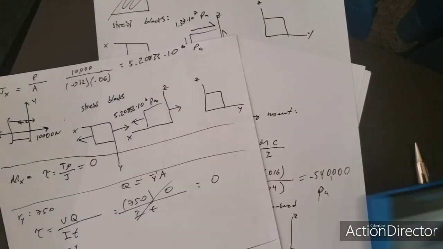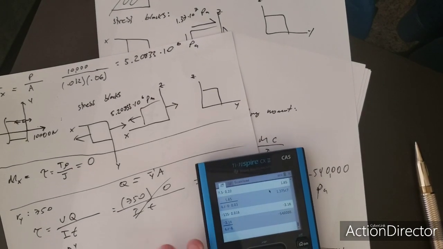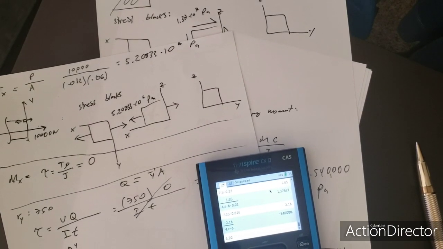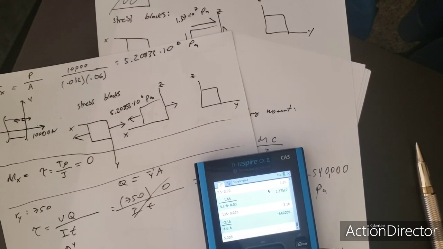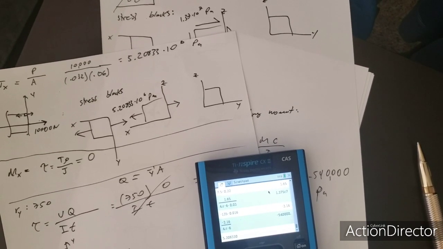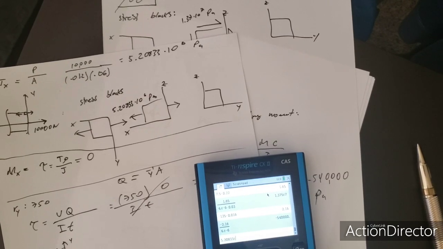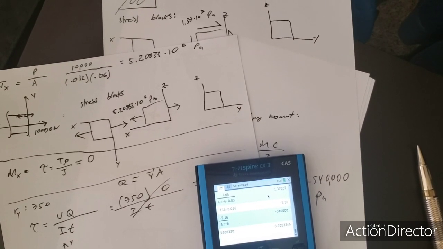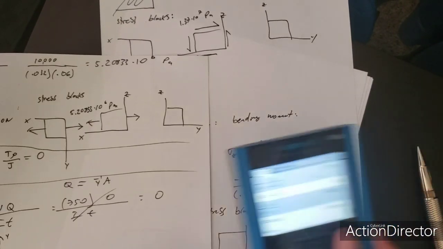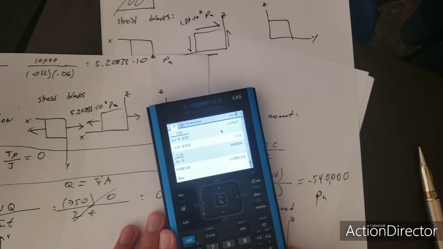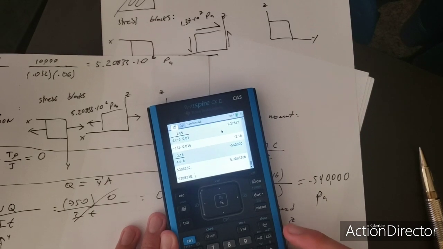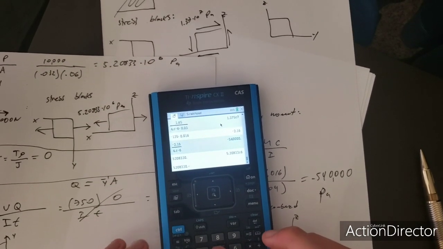So I add them up, and I get a tension, positive 5.20833 times 10 to the 6, okay, plus, oh no, not plus, but minus this answer, minus 540.